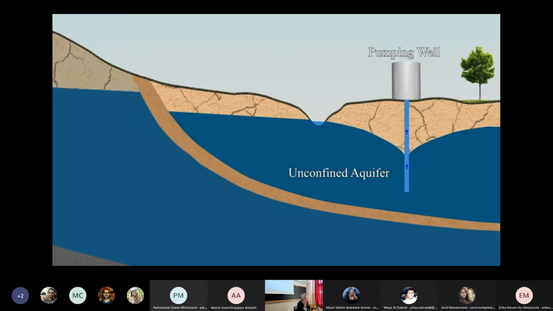This is also why several students don't like groundwater modeling and like more surface water modeling, because it's something that can be seen and it's relatively easier to understand and to model.